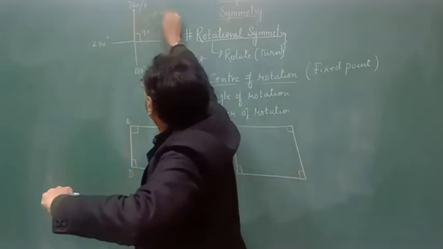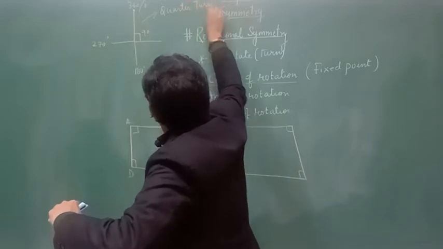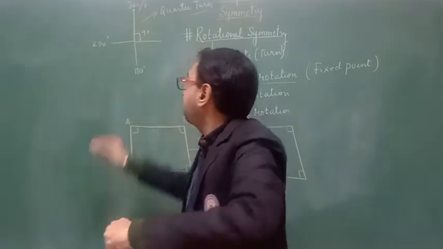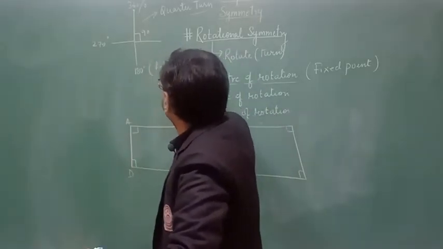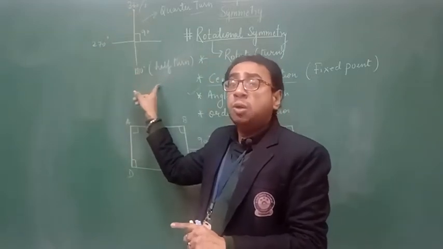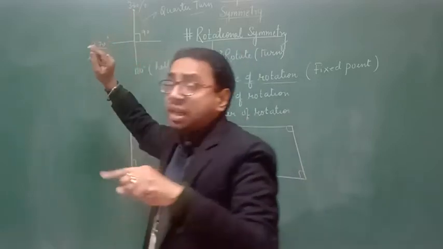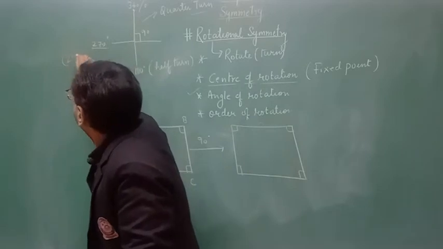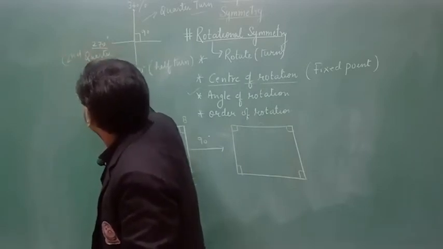Turning to 90 degrees is known as a quarter turn. Are we clear? And turning to 180 degrees means half turn. If I turn the object through 180 degrees, I turn it halfway. Next, 270 degrees means second quarter turn.